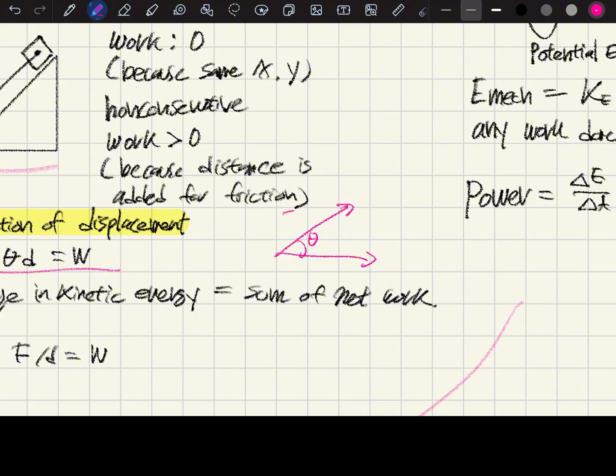So let's say that's the force, and that's the displacement, or distance, or whatever you want, and cosine of theta gives you that amount of force, contrary to the other component in the y-axis, and then you multiply by the distance. I'm sorry, this makes no sense.